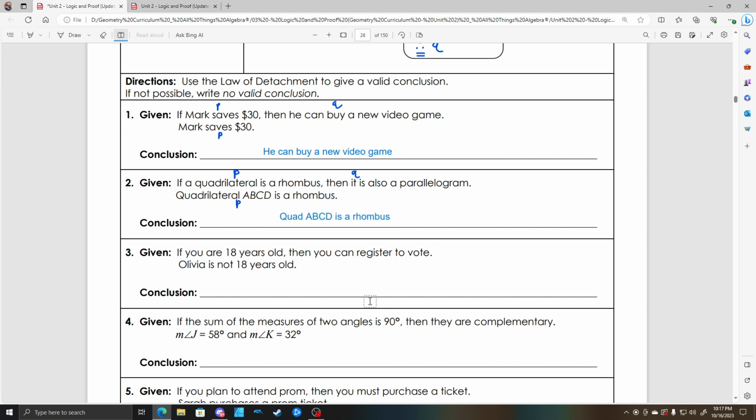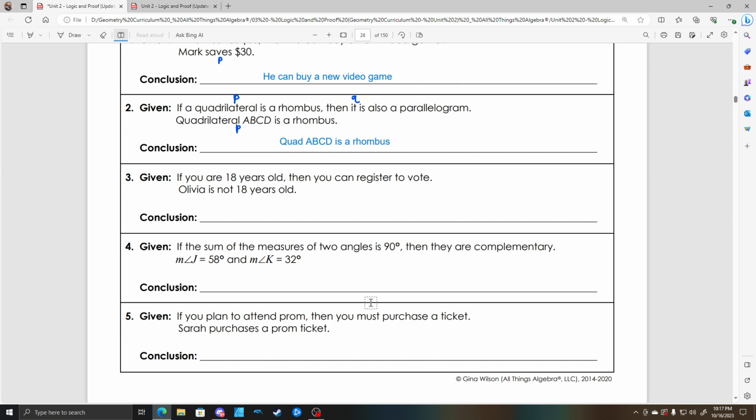Let's look at another example. Let's look at number 5 at the bottom here and see if this follows the same pattern. If you plan to attend prom, then you must purchase a ticket. Sarah purchases a prom ticket. You'll notice that this is saying if P, so far so good, then Q. But is Sarah purchases a prom ticket the same as if you plan to attend prom?